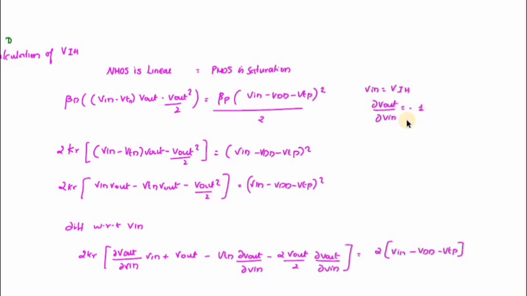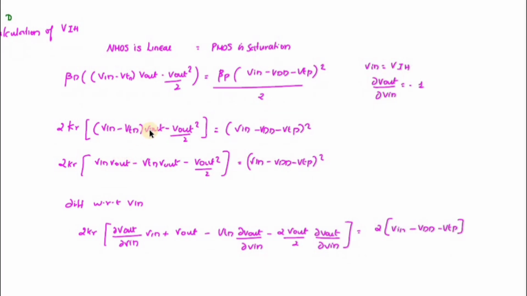So βn by βp is KR. So 2KR into (Vin minus VTN) Vout minus Vout the whole square is equal to Vin minus VDD minus VTP the whole square. So here, if I bring the Vout inside, I will get Vin Vout minus VTN Vout.